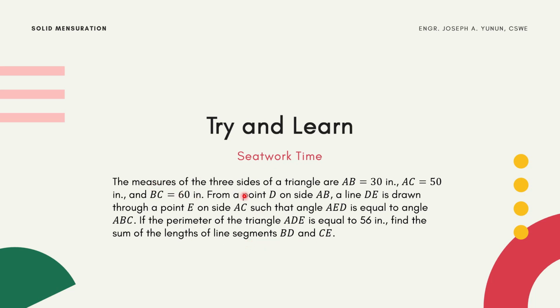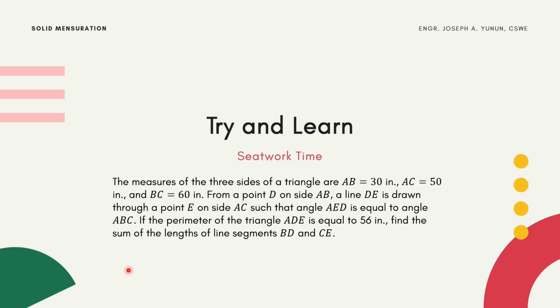For this particular problem, you may need to draw the triangle itself. After drawing these triangles, for example, side AB 30 inches, side AC 50 inches, and side BC 60 inches, you may want to approximate their lengths based on your drawing.